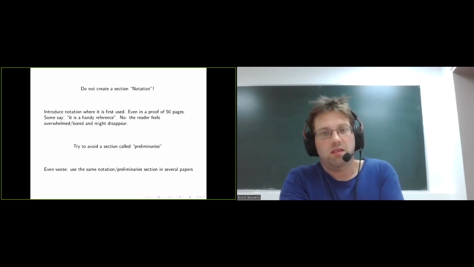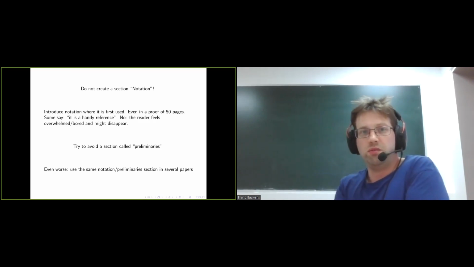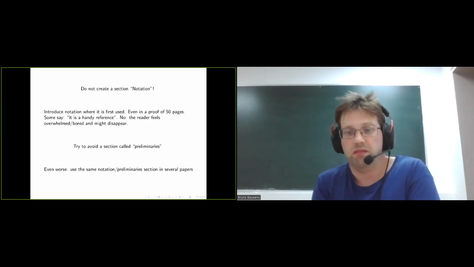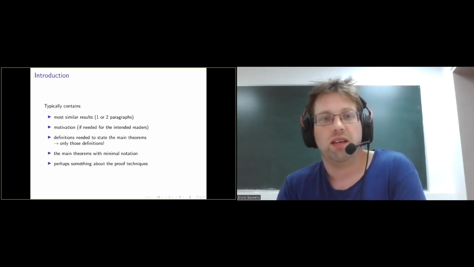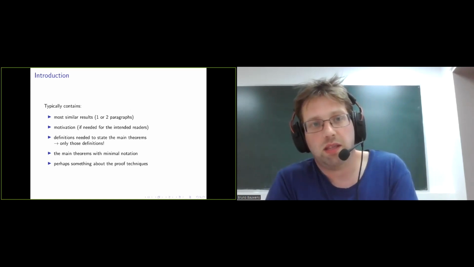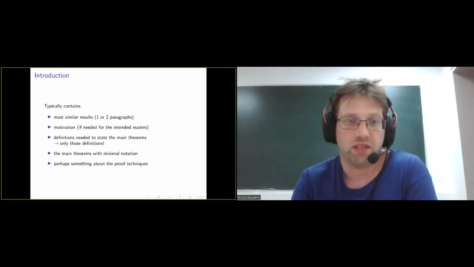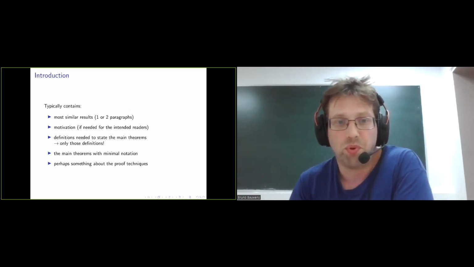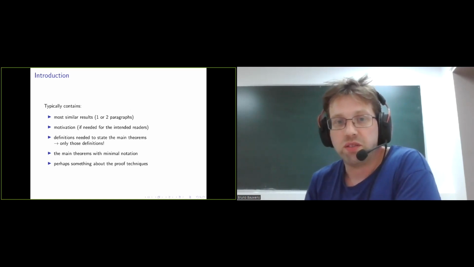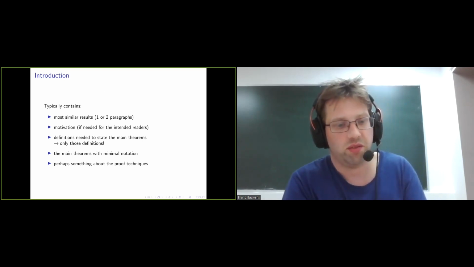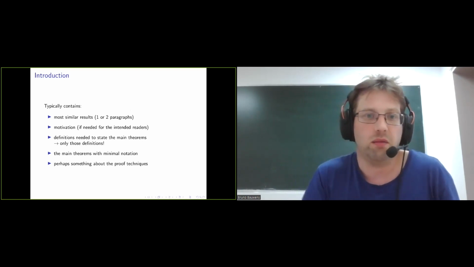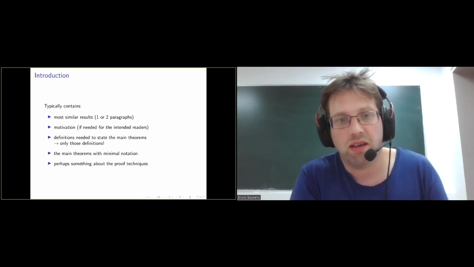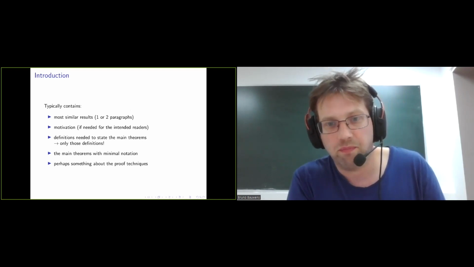Now, what bad writers do: the first bad thing is that before the statement of the results, there are definitions used that are only used inside the proof. So if you measure quality by the amount of definitions in the main result, then you're harming yourself in this way.